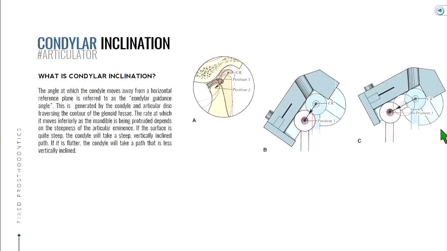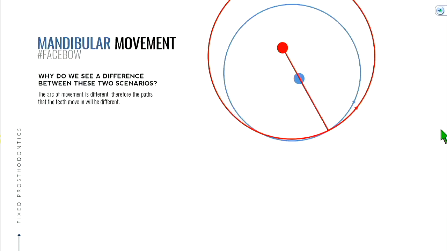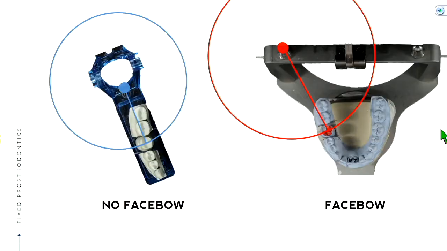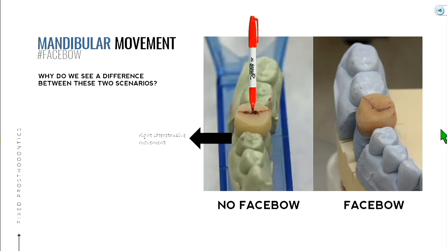So they follow a different path. That was this example here, the working side. However, you can also move your teeth in a non-working side, so that's a right lateral movement.